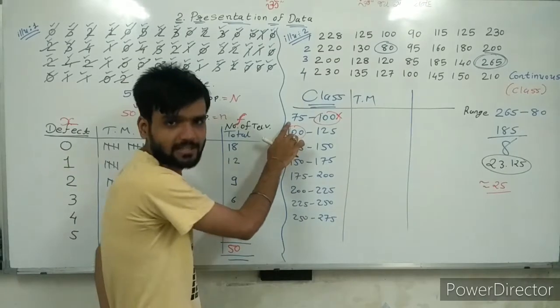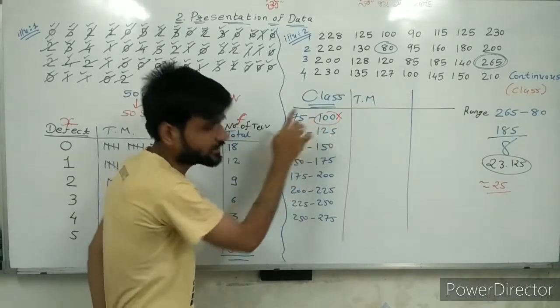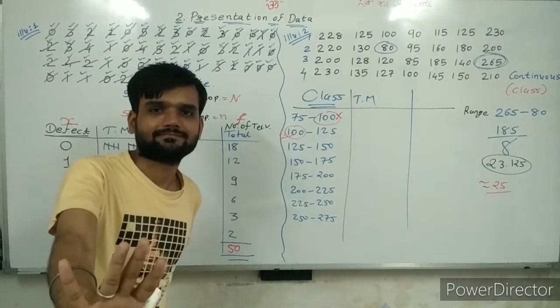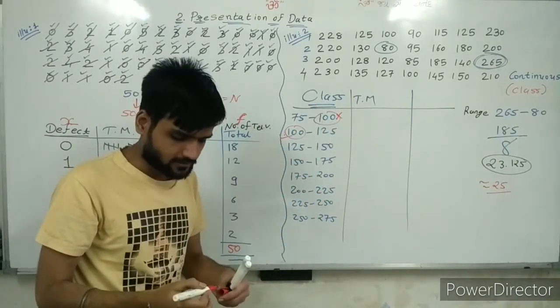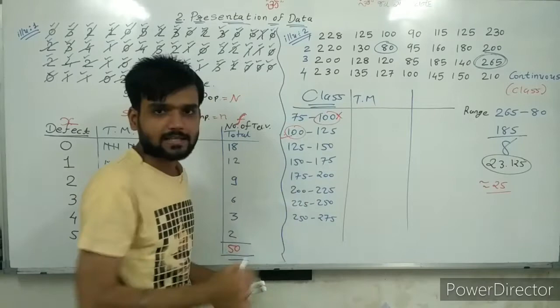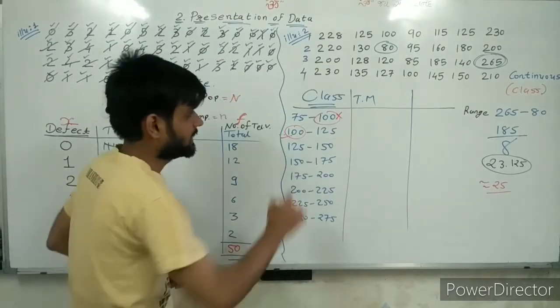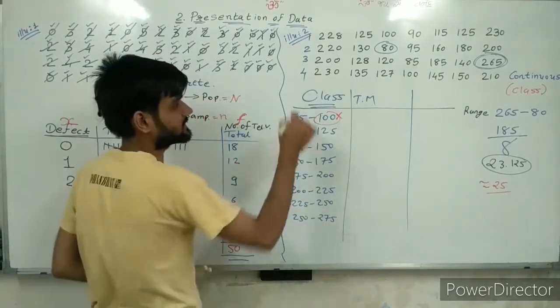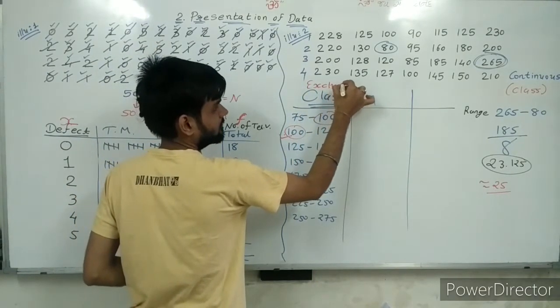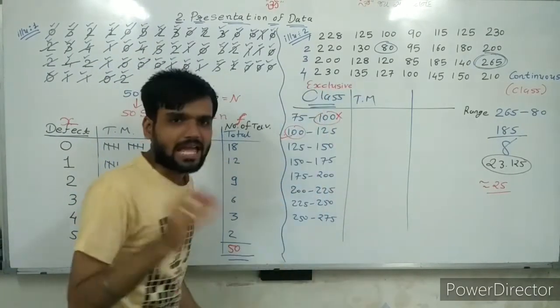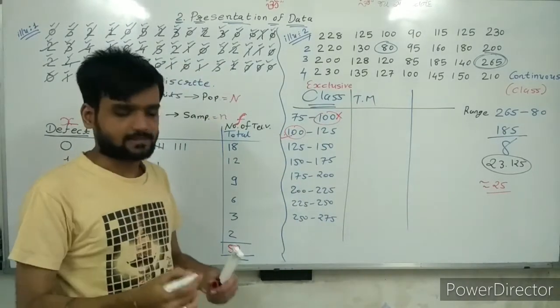So we are starting with 75 up to 100, no, up to 99. So 75 to 99 only is considered in first class, and that's why this class name is exclusive class.